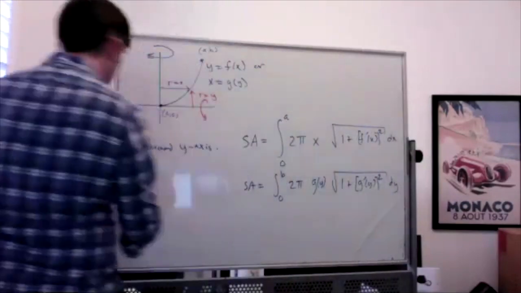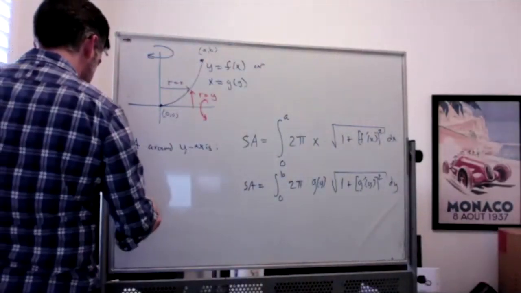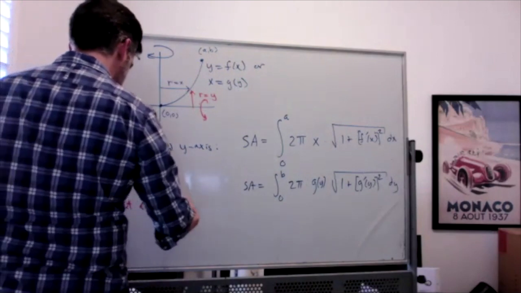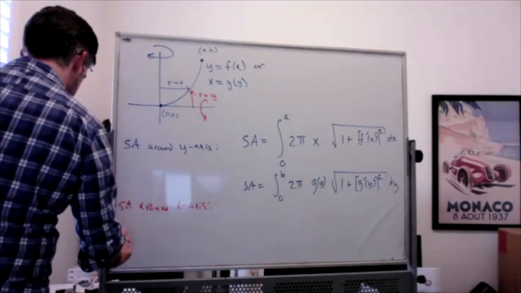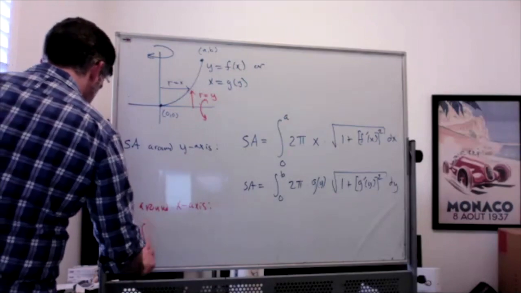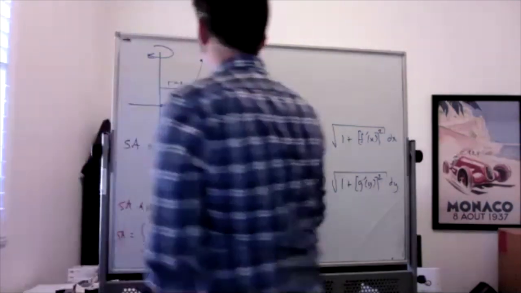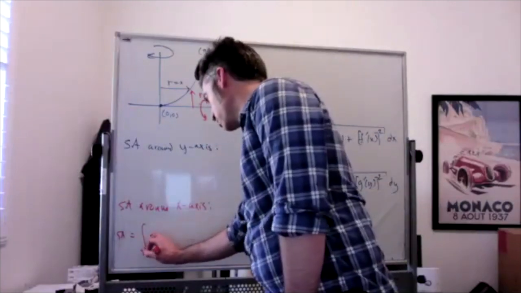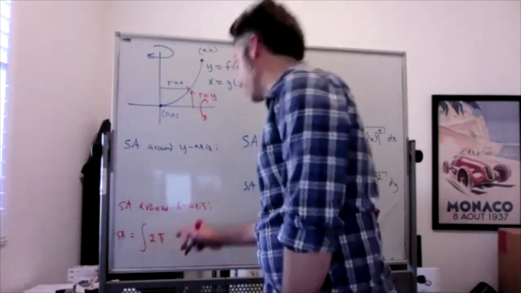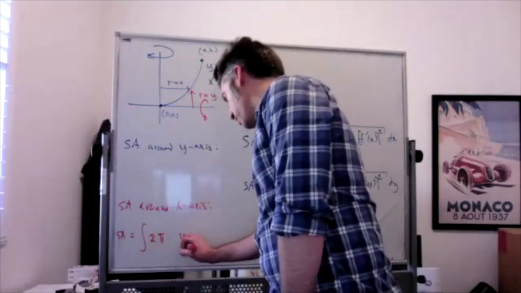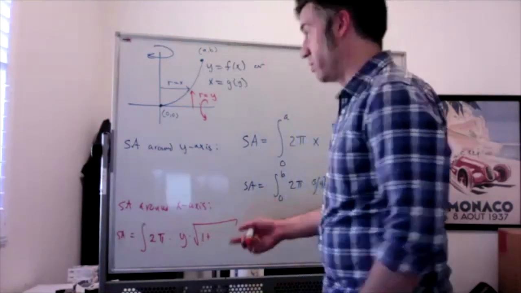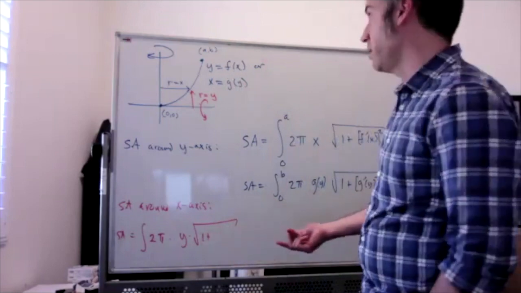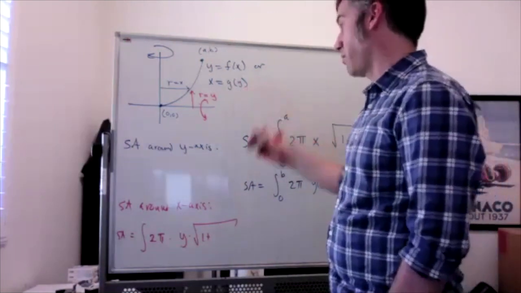So if we're going around the x-axis, it's either going to be the integral. So let's see. In terms of y, it's going to be 2 pi times the radius, which is y, times the square root of 1 plus. So we're doing things in terms of the function y. So it's going to be g prime of y.